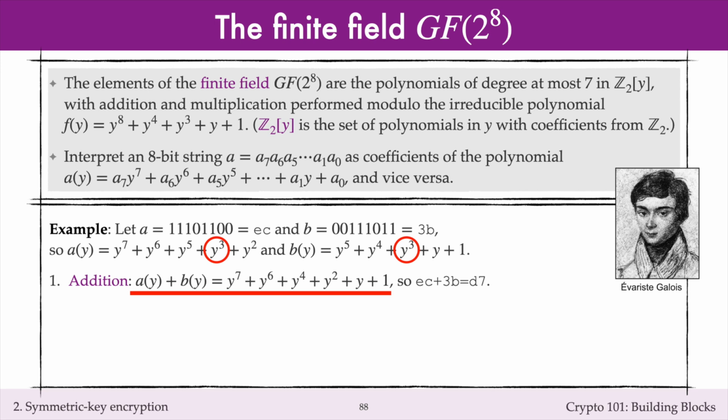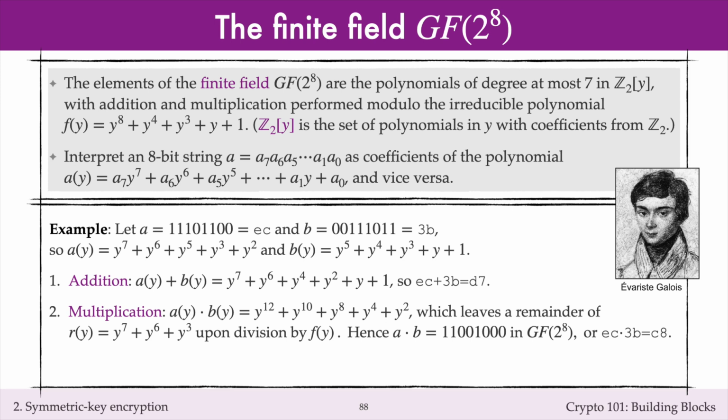Notice that when A and B are added, the y^3 terms sum to 2y^3, which is 0 since 2 is congruent to 0 modulo 2. Recall that coefficients of polynomials are integers modulo 2. In hexadecimal, we can write EC + 3B = D7. D7 is the hexadecimal representation of the byte corresponding to the polynomial a + b.